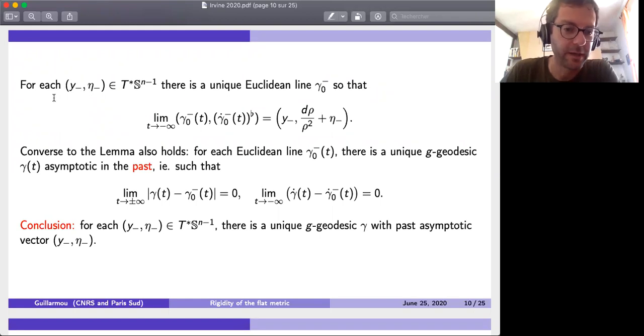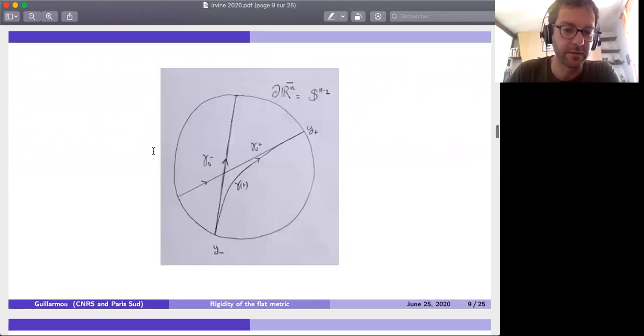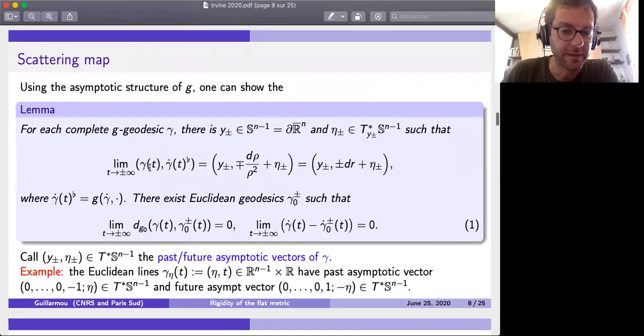This is the converse to the lemma I wrote before. Remember, in the lemma before, I said that if I take my geodesic gamma for the metric G, there are two geodesics for the Euclidean space which approximate it, one in the future and one in the past.